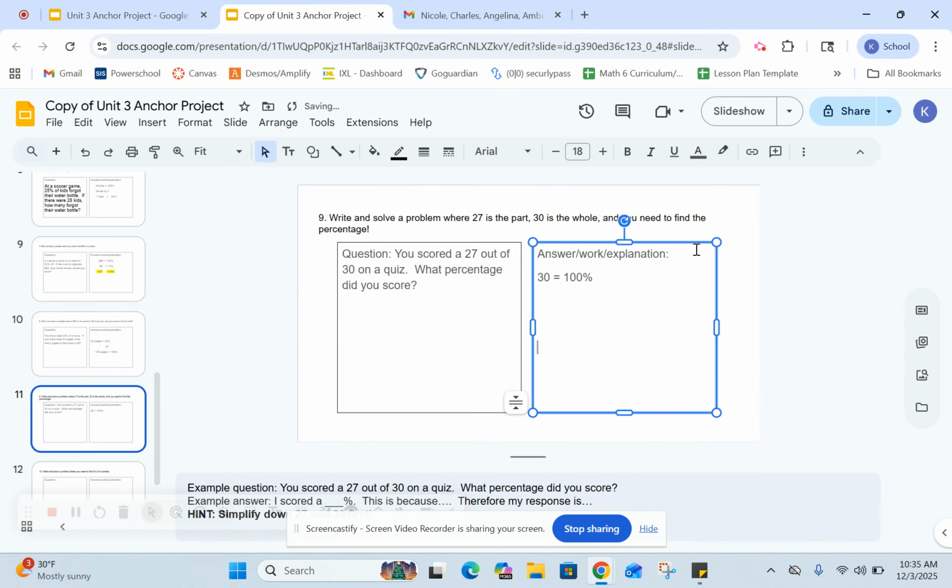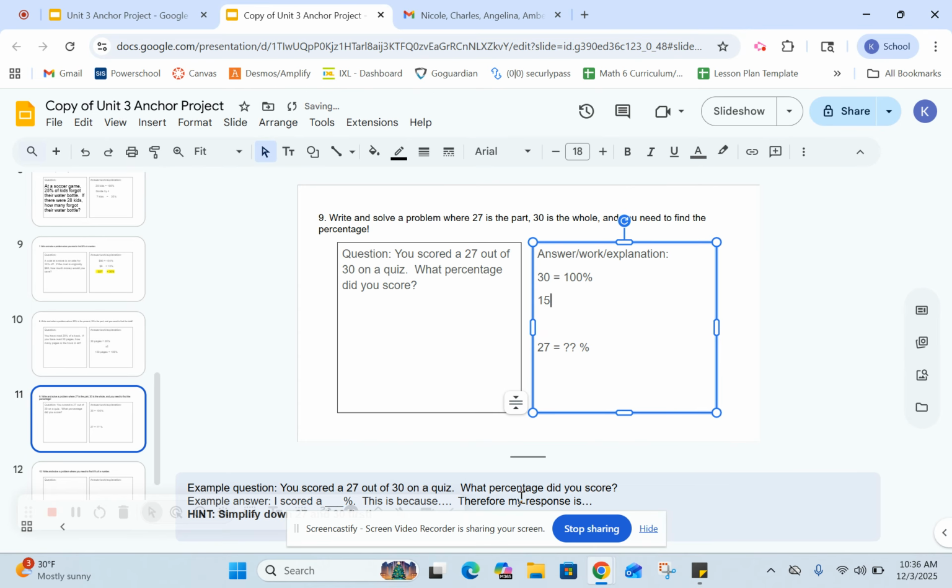We are looking for what percent 27 would be. So I don't have a direct path from 30 to 27. So let's try some benchmarks in the middle here.